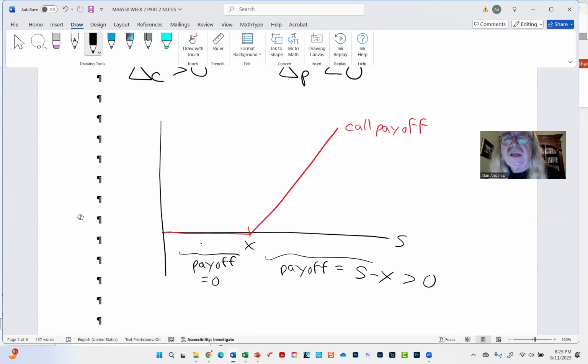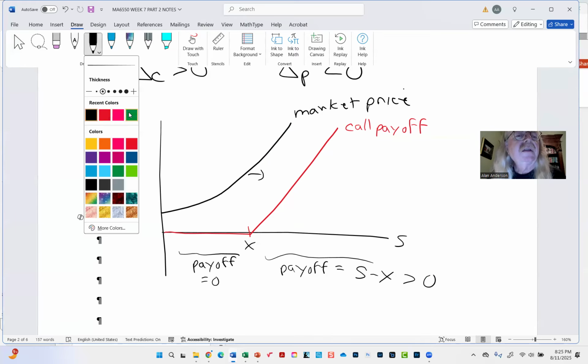But at any time prior to that, market price is always greater than the payoff until the final date of trading, at which time the two are identical to each other. And as time elapses, the market price gets closer and closer to the payoffs. And like I said, on the final day of trading, they're identical to each other.